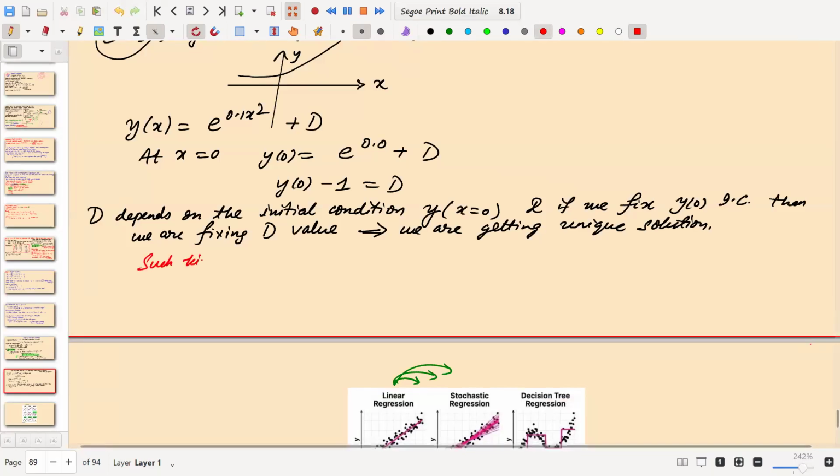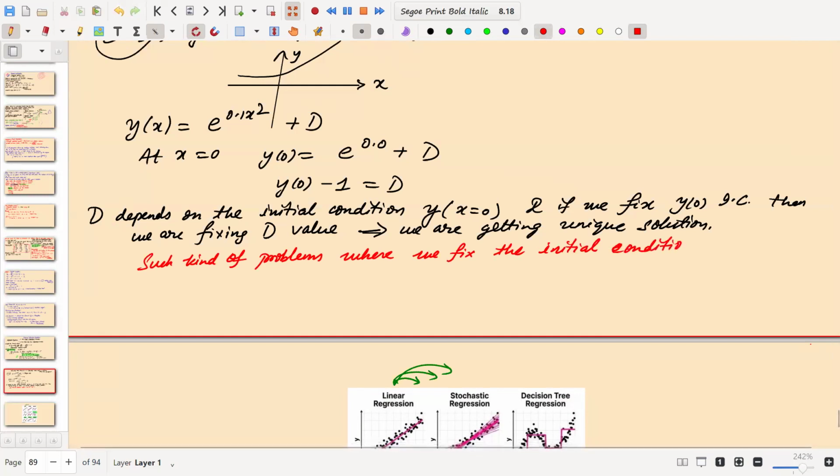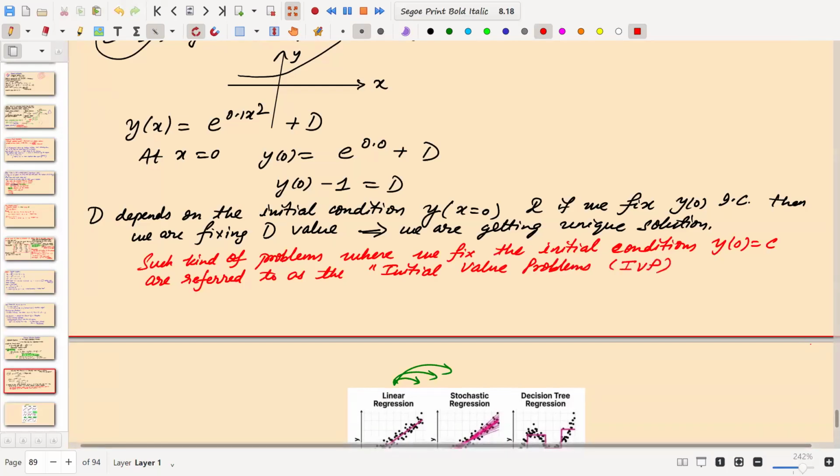Such kind of problems where we fix the initial conditions, that is y of 0 equal to some c, okay, are referred to as initial value problems.